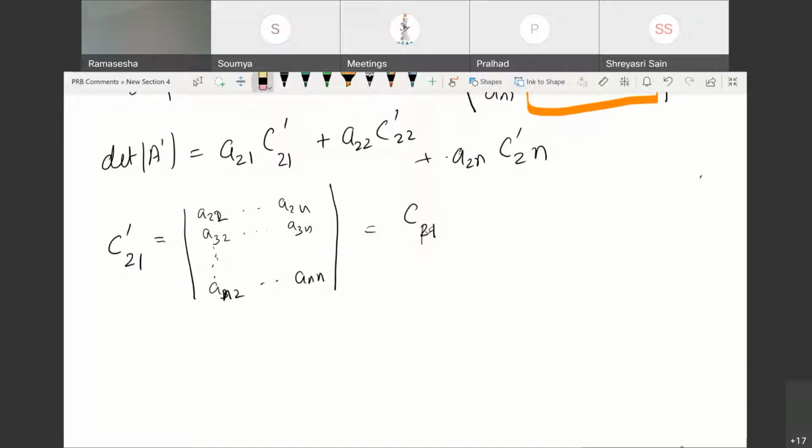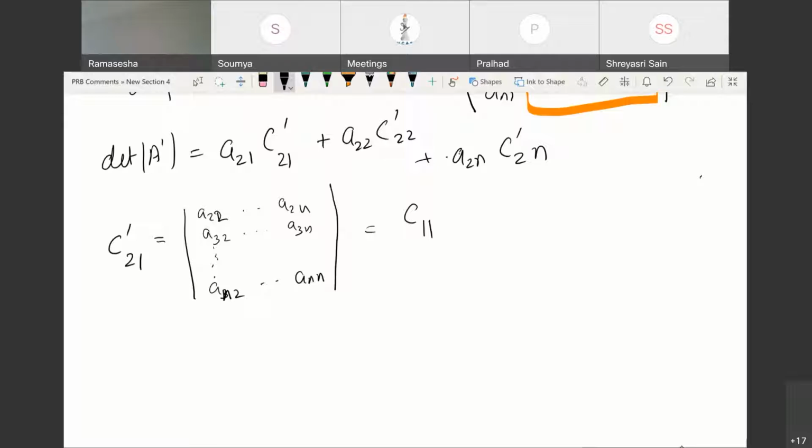I'm having all kinds of ups here. So this is equal to C11, right? Because this is the cofactor of A11, so that is C11.